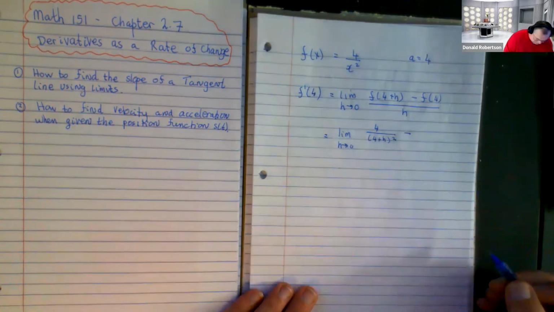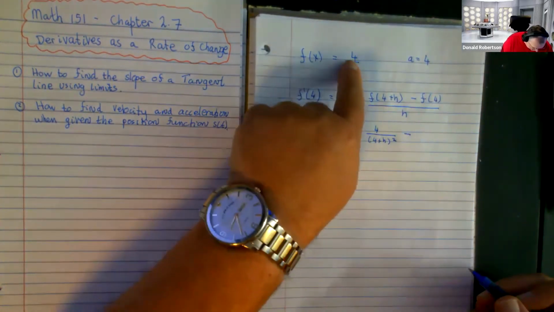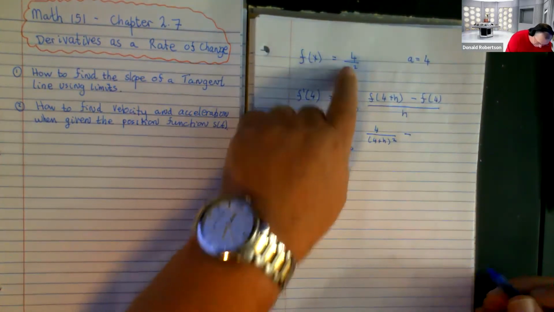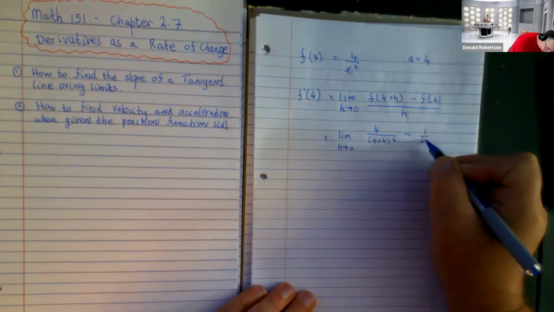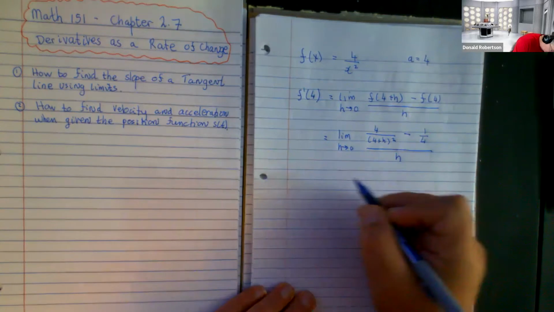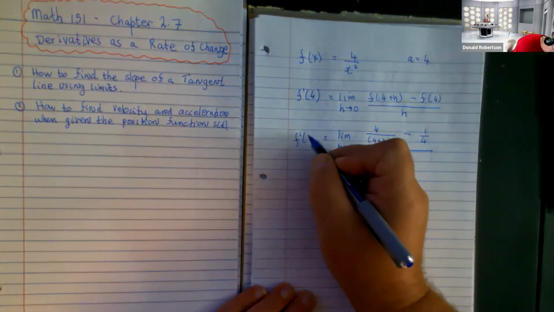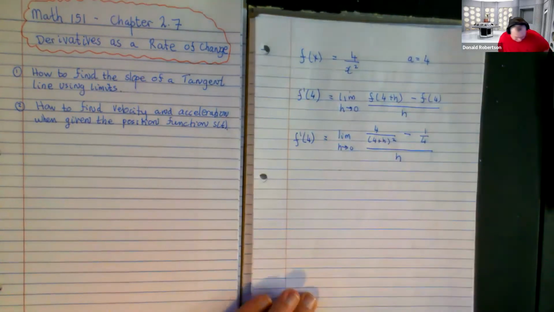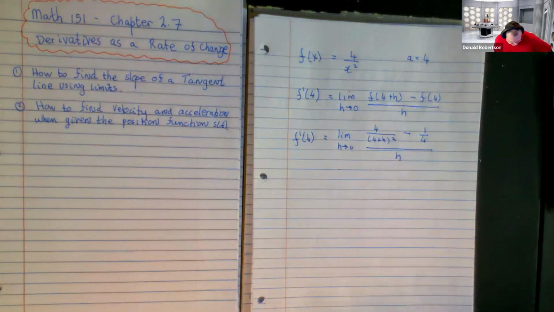Ugly. Take away, well, if you evaluate this at 4, it's 4 over 16. So it's basically take away a quarter, all over h. And this is doable.